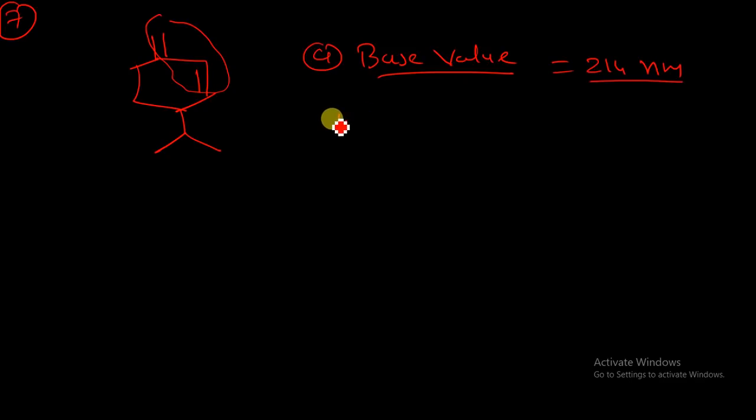Second, if there is any ring residue or exocyclic double bond, if I consider this as ring A, there is one exocyclic double bond present on the ring, so I have to write down over here one exocyclic double bond. This is my B part, this is my A part.